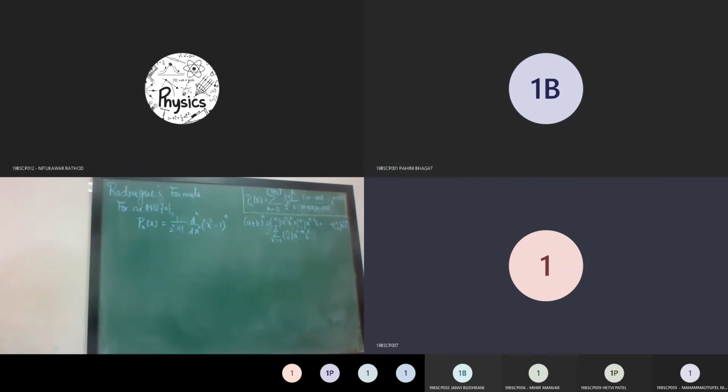And what is this nCk? It will be n factorial upon (n minus k) factorial k factorial. This is for D group students, please. The expansion of (a plus b) raised to n is given by this formula, where nCk is nothing but this.